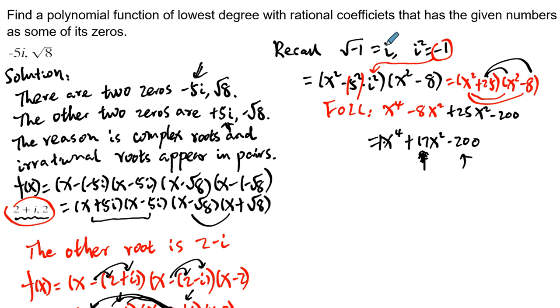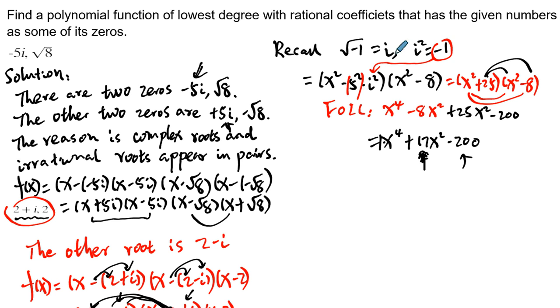We introduced I is radical negative 1. We imagine there is a number, which is I. Because no number you square can be negative. But we assume there is a number, imagine, which is I squared is negative 1.